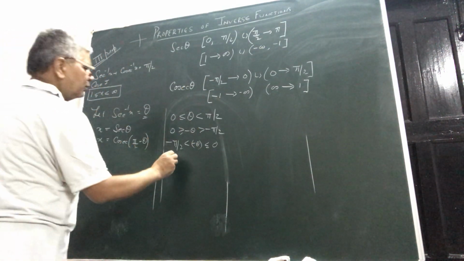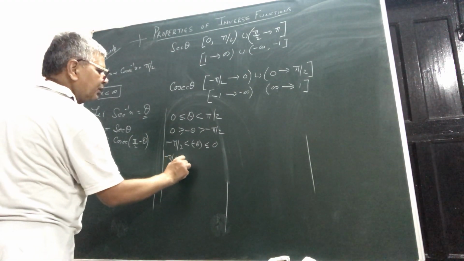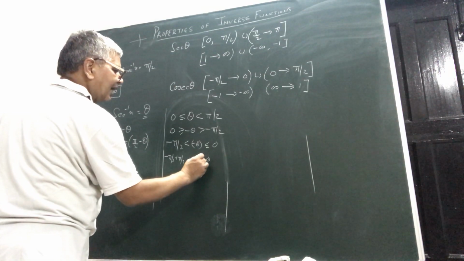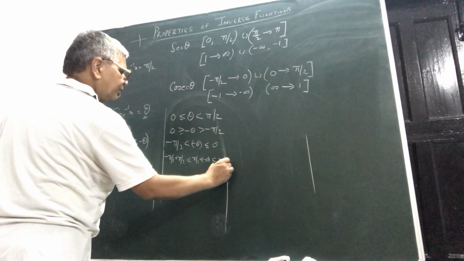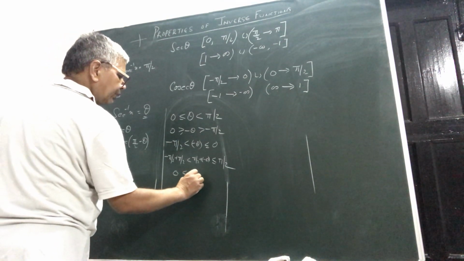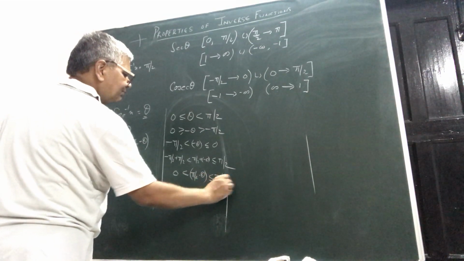Add pi by 2 now. Adding pi by 2, what will you get? Minus pi by 2 plus pi by 2 is less than pi by 2 minus theta, which is 0 is less than pi by 2 minus theta. This is what you actually want, and this is less than pi by 2.